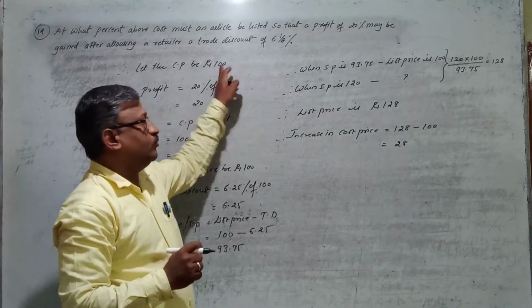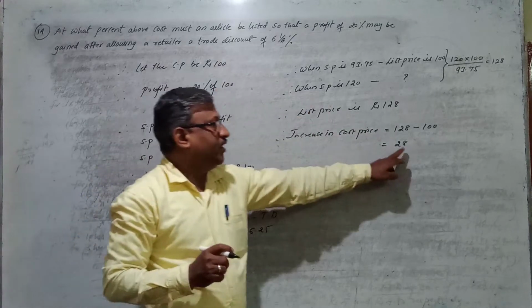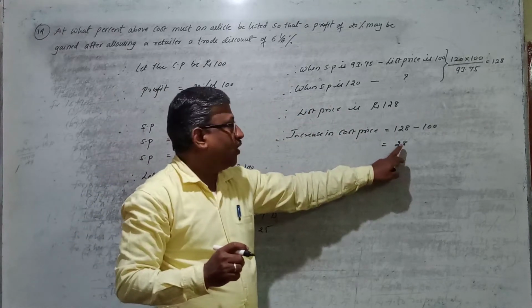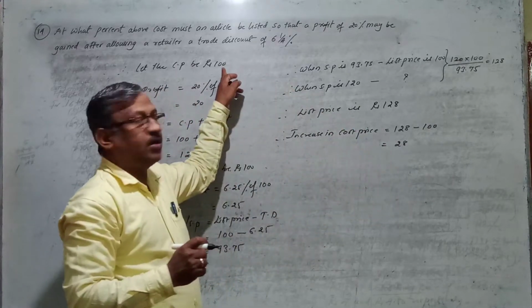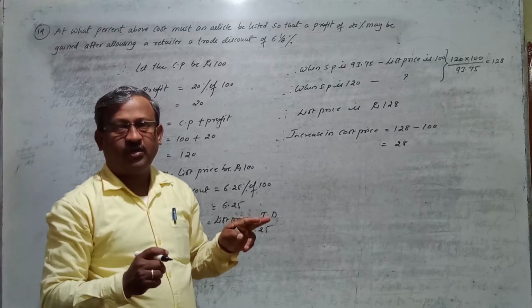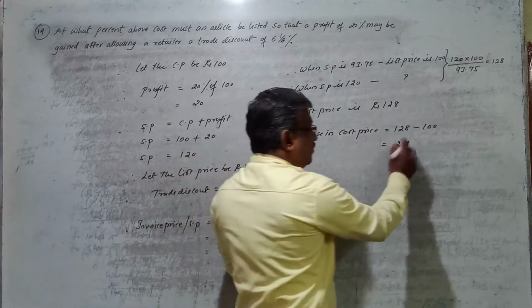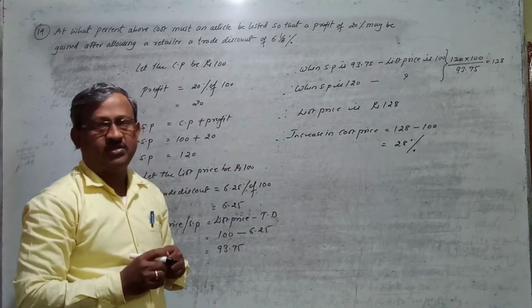Means, to fix the price at 128 rupees, this cost we have to increase by 28 rupees. Whatever increase there is, 28 rupees, this is the increase per 100. And anything which is increased per 100, we call it a percentage. Whatever difference is there, you can directly express it in the form of a percentage.